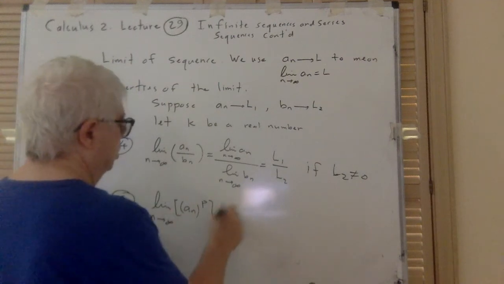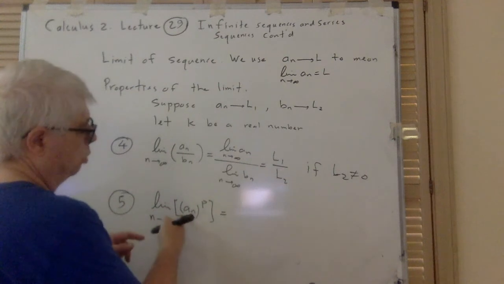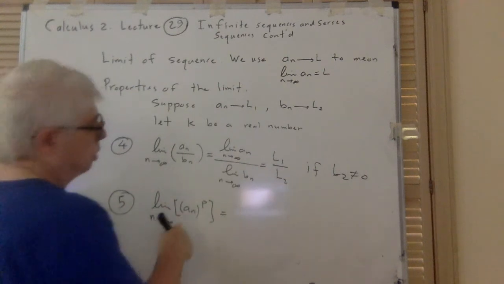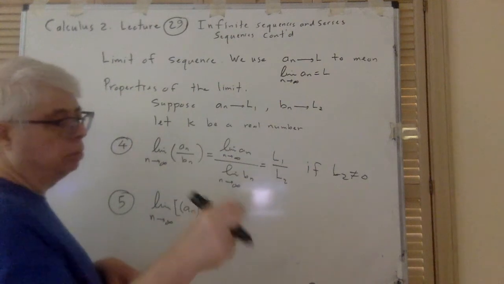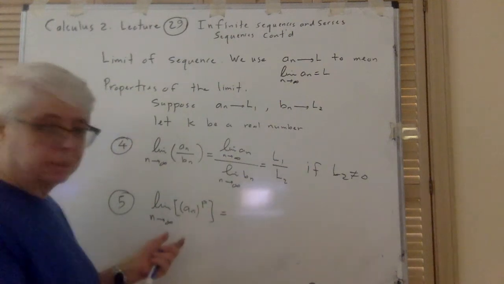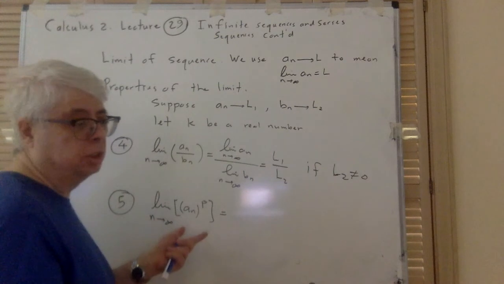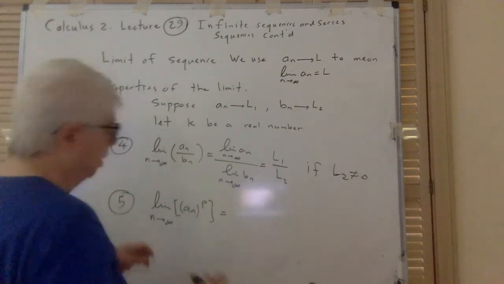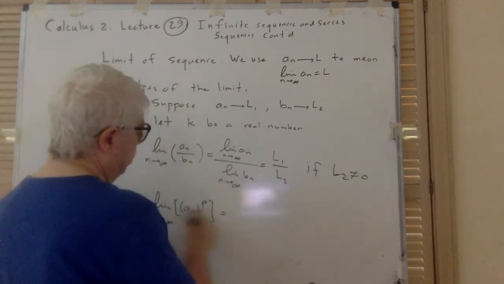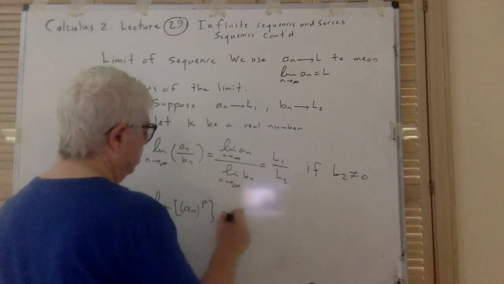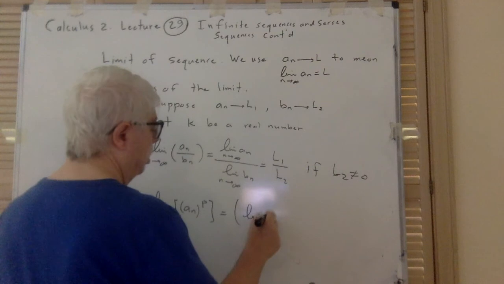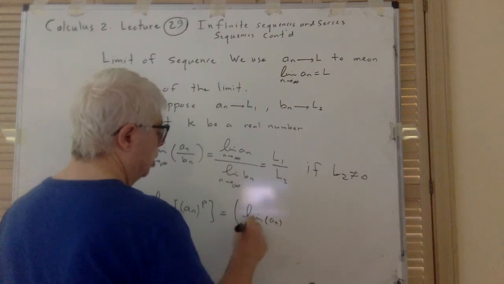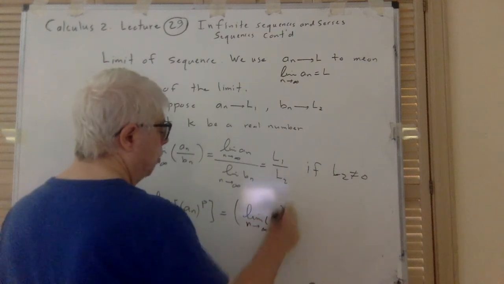Then this p is like using number 3: the limit of an times an, and so on. But this p can be anything. I'm not saying it's an integer, it can be any number. And so this p comes out. So this is in fact the limit of an as n goes to infinity, to the power p.